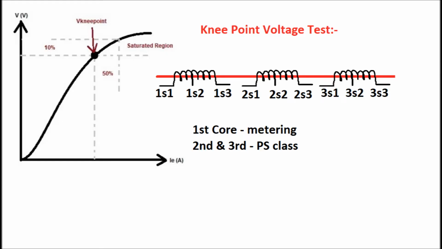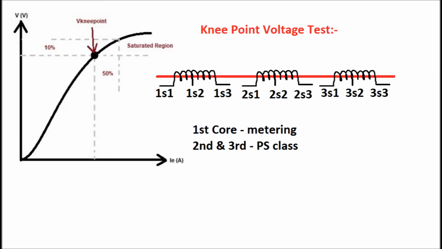Now, how is the knee point voltage test done? In order to carry out the knee point voltage test, we first have to go through the nameplate details of the CT. Here a CT has been shown which has three cores. Normally the first core is the metering core and the other two cores are the protection cores. We have to see the value of the knee point voltage in the nameplate for the protection CT.